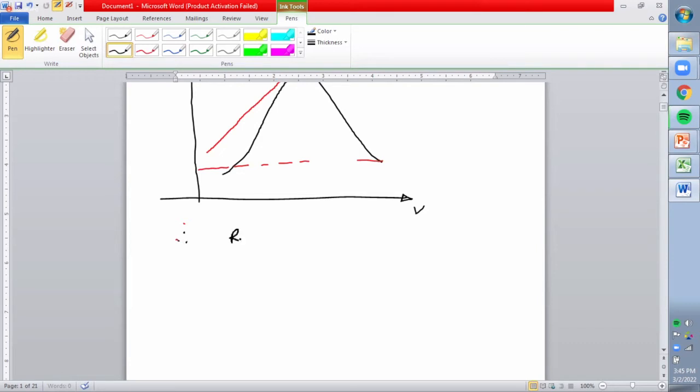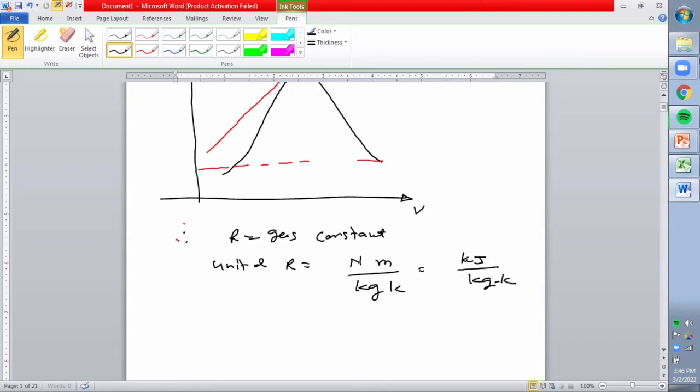Here R is called the gas constant. What is the unit of R? The unit of R is Newton meter per kg Kelvin. We can also write this as joule per kg Kelvin, or if it is in kilonewton, then kilojoule per kg Kelvin.